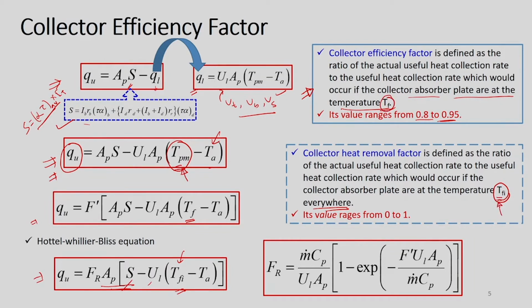And each value varies from 0 to 1. So, this FR can be expressed something like this. We will derive one by one how this F dash can be estimated, and then finally, how this FR can be estimated.